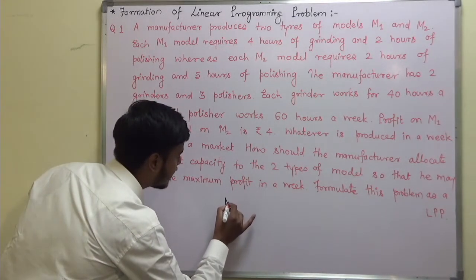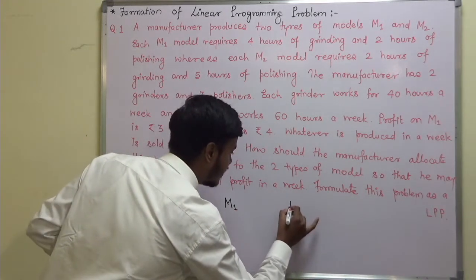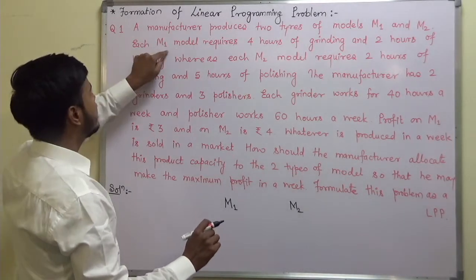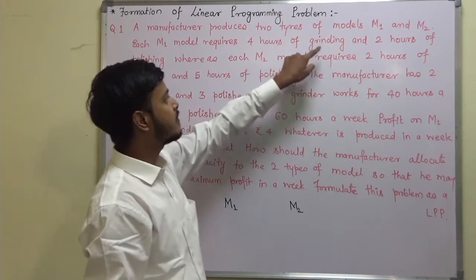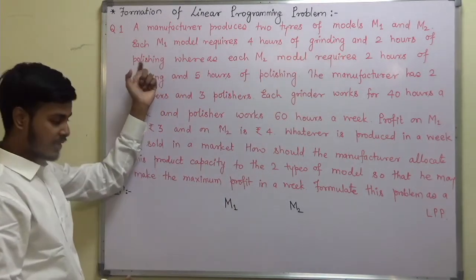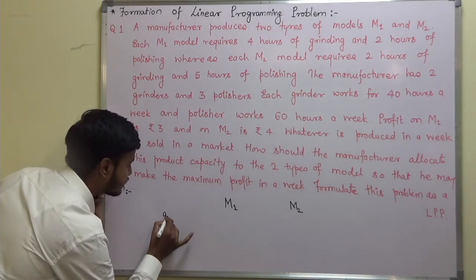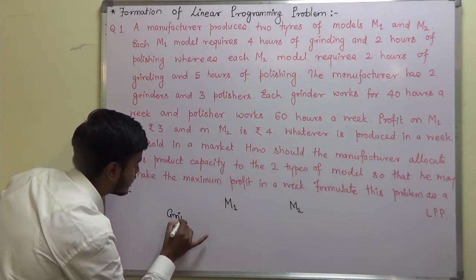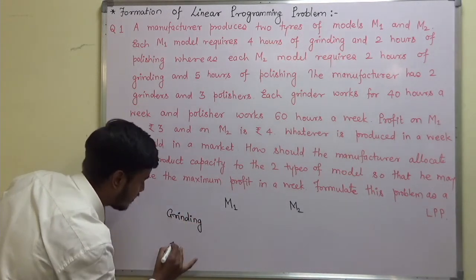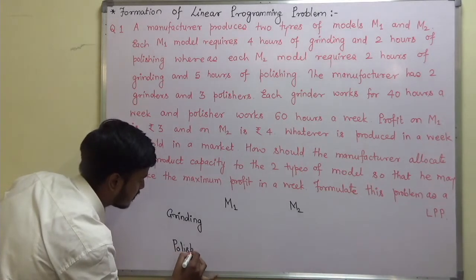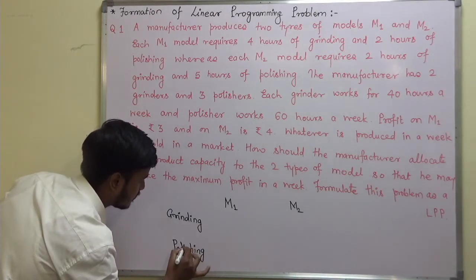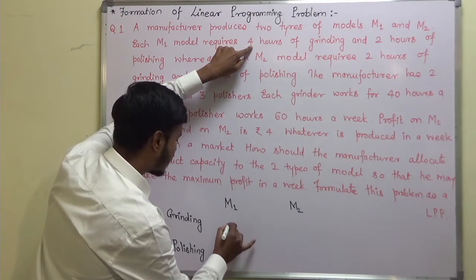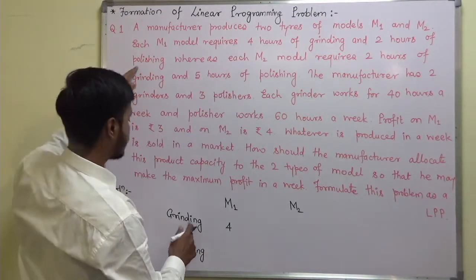So how many models do we have? We have two models, M1 and M2. Now see, each M1 model requires 4 hours of grinding and 2 hours of polishing. So here I will write grinding and here polishing.